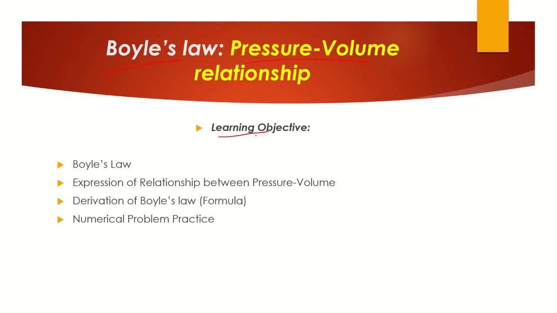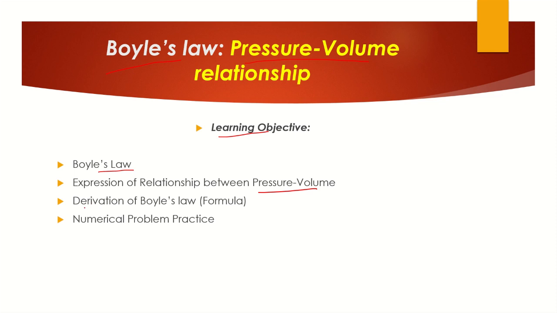So the learning objectives for today's topic are the definition of Boyle's law. Then we will discuss expressing the relationship between pressure and volume, which is actually explained by Boyle's law.